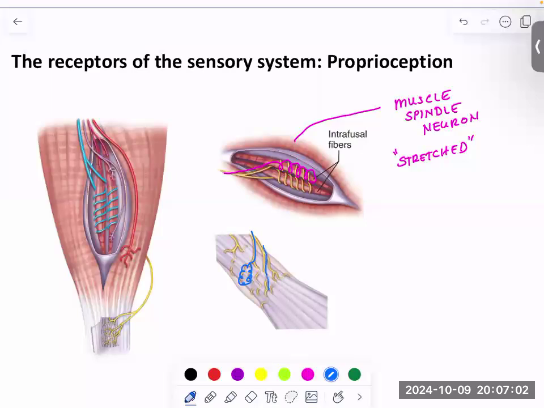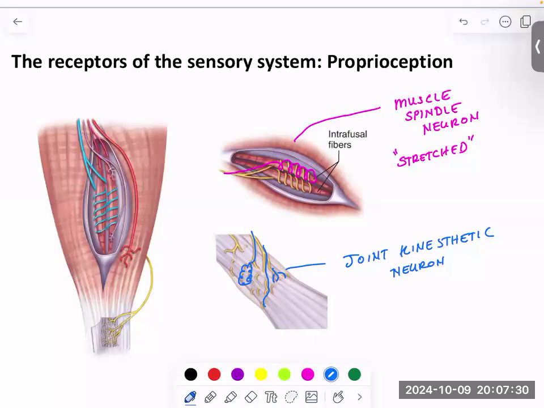This neuron that wraps around the joints is called a joint kinesthetic. I already forgot what the other word is. It's not spindle. We're going to call it neuron for now. Joint kinesthetic neuron sounds right. Brain farting.